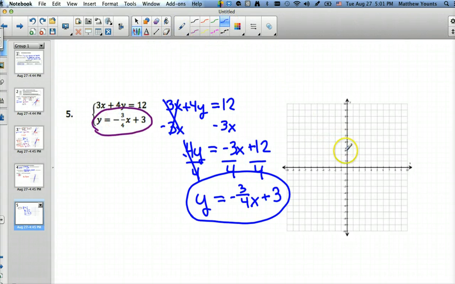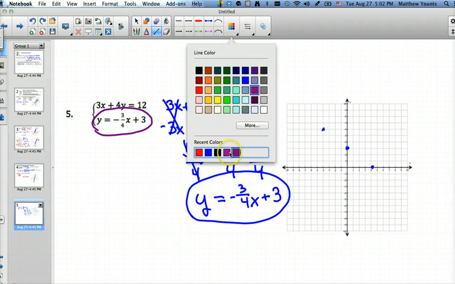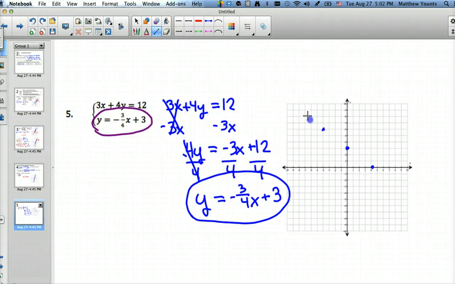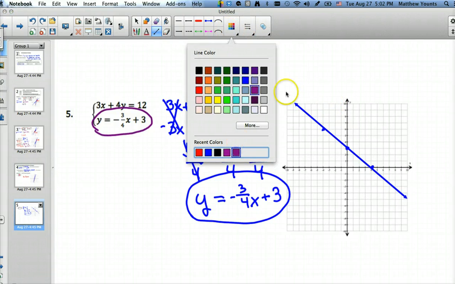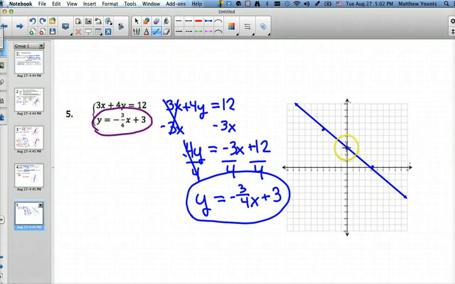So even if we go to graph, this top one here has a y-intercept of 3 and a slope of negative 3/4. So up 3 left 4 or down 3 right 4. That's the graph of the first line, but the graph of the second line is going to be exactly the same thing, because we're going to go to a y-intercept of 3, up 3 left 4, down 3 right 4.